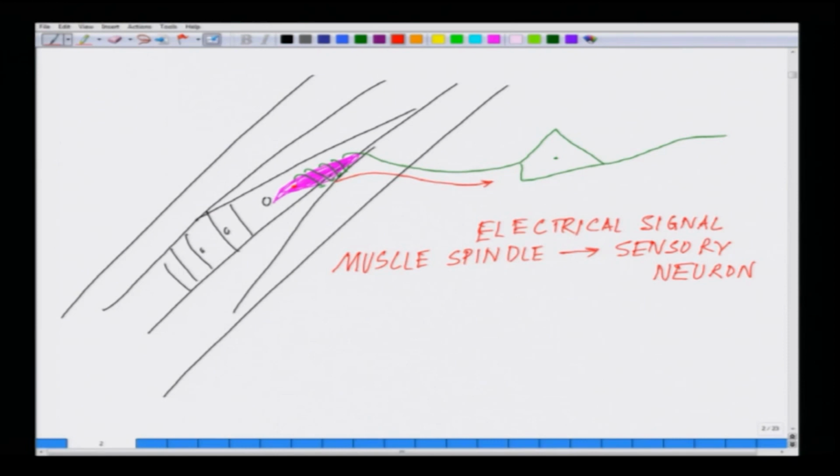It is believed that there may be a series of sodium channels which are either present in the muscle spindle or present in the sensory neuron.